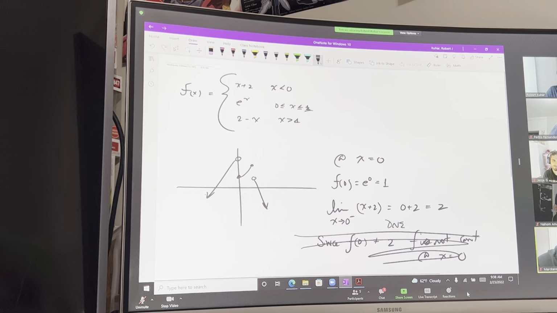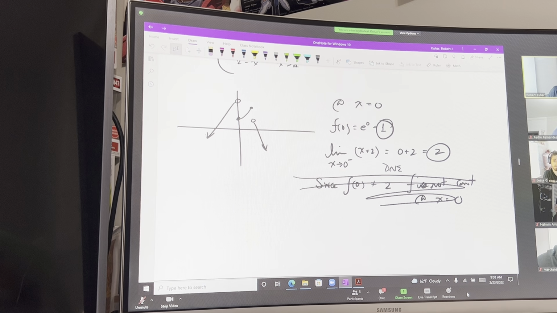Okay. I see. So I don't agree that this doesn't exist, right? But if I try and say that the limit as x goes to 0 of f of x does not exist, but still, I want the continuity piece, right?